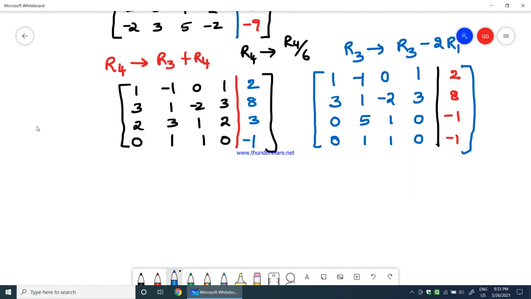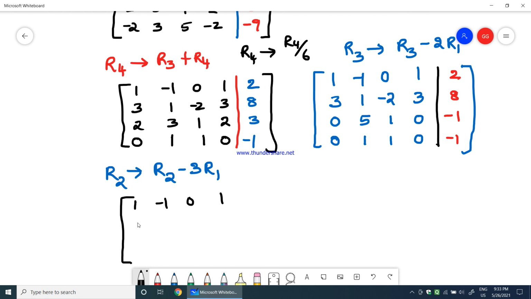Now let us see what is the next row operation that I can do. So I'll now take row 2 to be equal to row 2 minus 3 times row 1. So what will I get? So this is 1 minus 1 0 1. So 3 minus 3 into 1, so 3 minus 3 is 0. 1 minus of 3 into minus 1, so 1 plus 3 is 4.